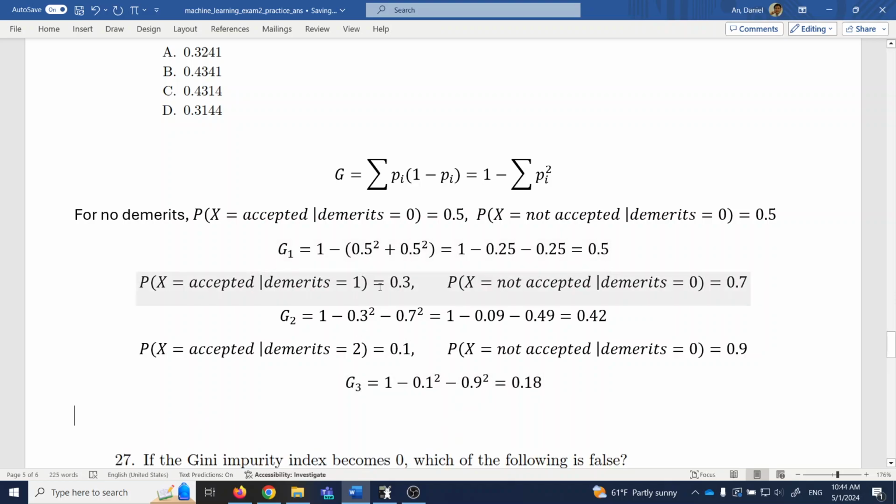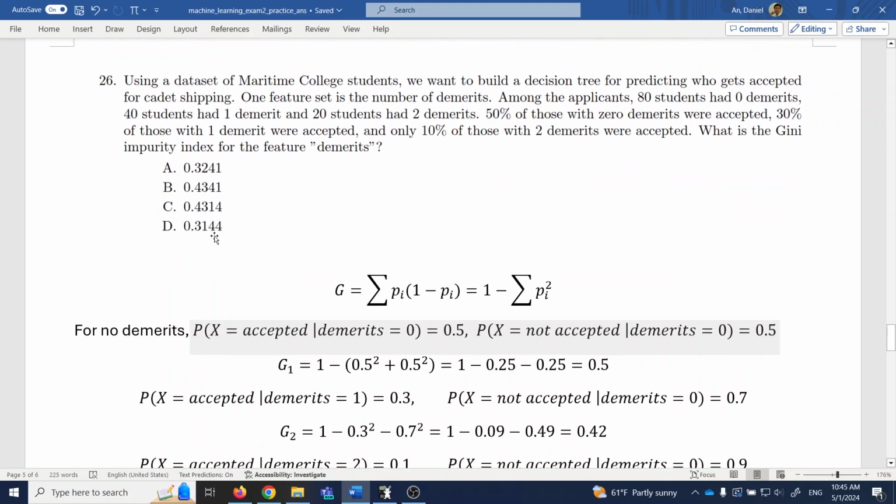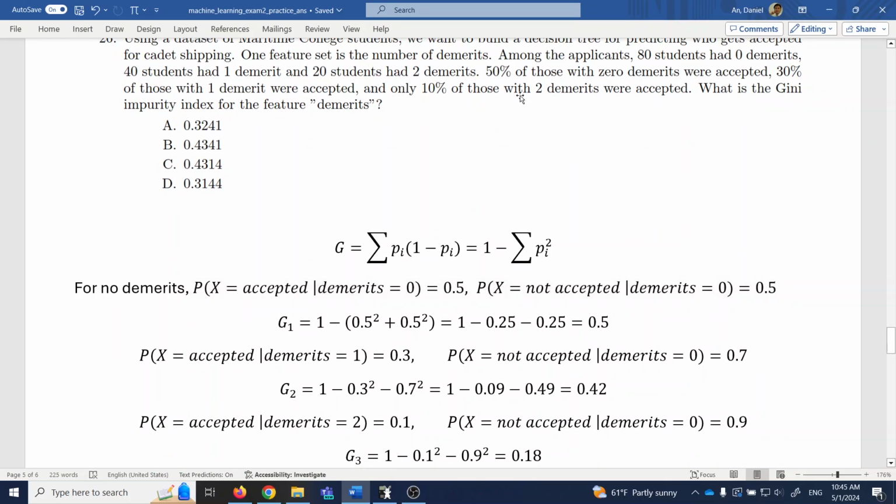Okay, now we just have to calculate the weighted average. Remember that the population is 80, 40, and 20. So 80 are in this group, 40 are in this group, and 20 are in this group.